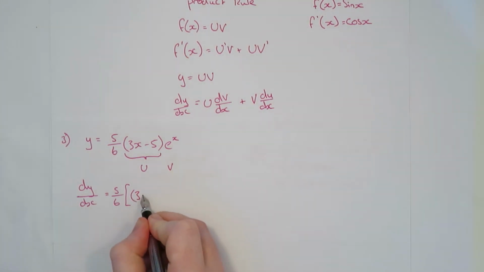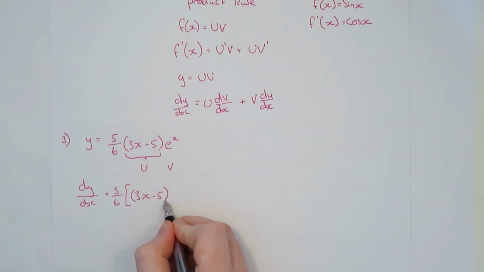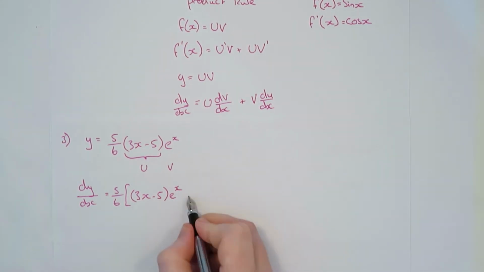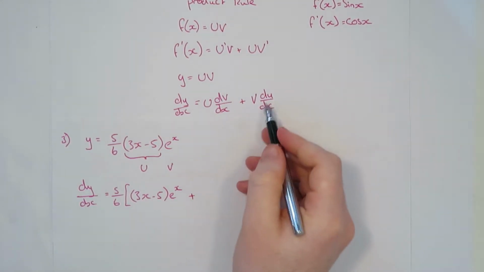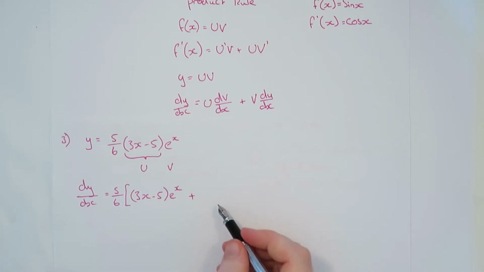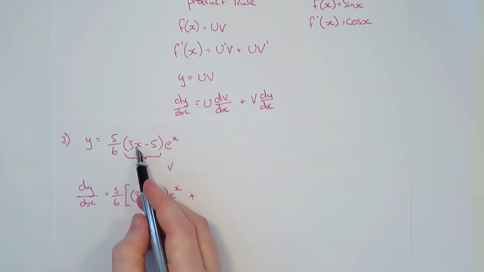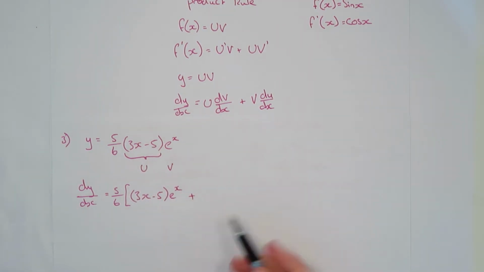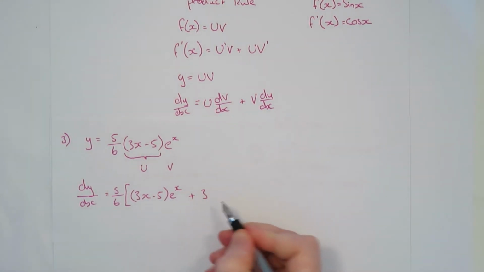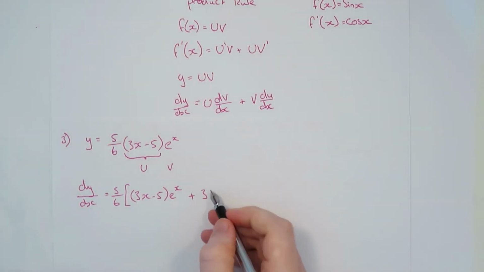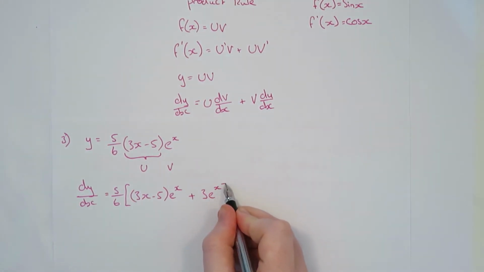So we have 3x minus 5 e to the x, and then we add on to it the v du part. So that is the derivative of this bracket here. So the derivative of 3x minus 5 is simply 3, and multiply it by v, e to the x.